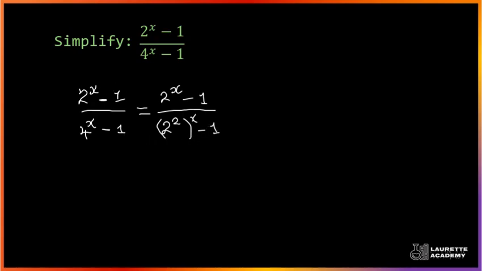Okay, but we know from our laws of exponents that x raised to the power m raised to the power n is the same as x raised to the power m times n, which is the same as x raised to the power n times m.